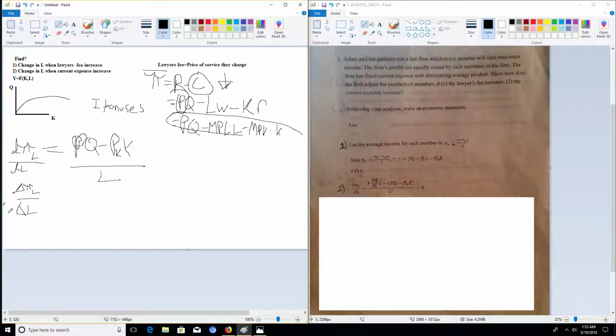And this for a firm represents the change in cost, how total cost to labor changes with change in labor itself.